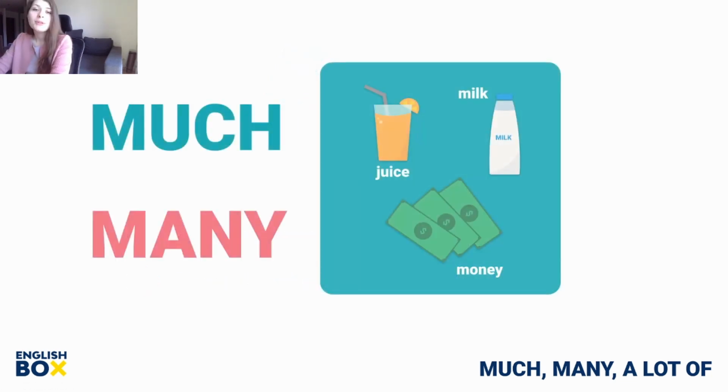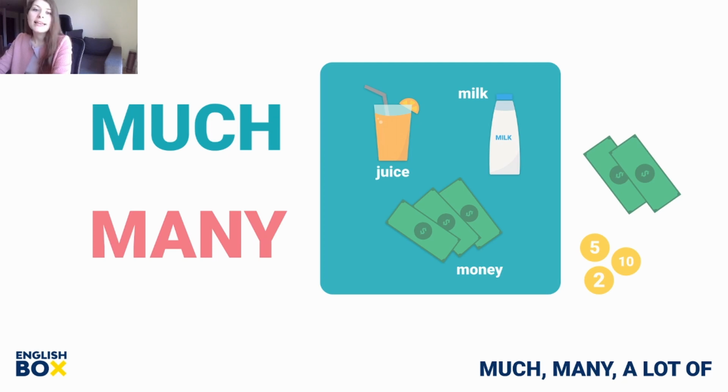Now, more examples of uncountable nouns would be juice, milk, yogurt, time, money. Yes, you heard me right. Money is an uncountable noun. You cannot count money. What you can count here, though, are coins or banknotes or dollars or euros, but money is uncountable.